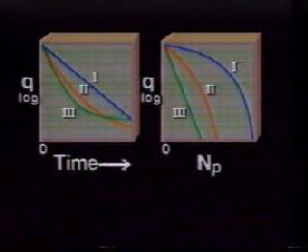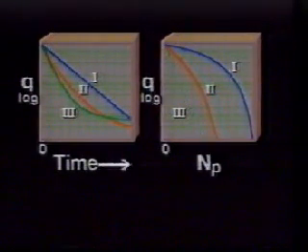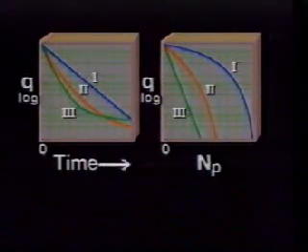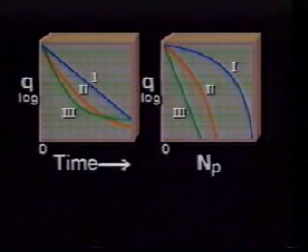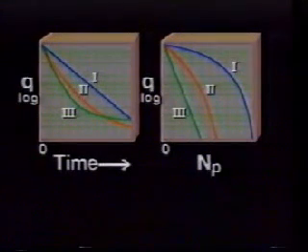The rate-time curve is a straight line on semi-log paper, and the rate-cumulative production curve is a straight line on linear paper. The fact that they are straight lines allows for easy extrapolation. Notice that curve 3, the harmonic decline curve, is a straight line on semi-log paper. With the straight line plot and a knowledge of the initial production rate, we can calculate the initial decline rate, d sub i.